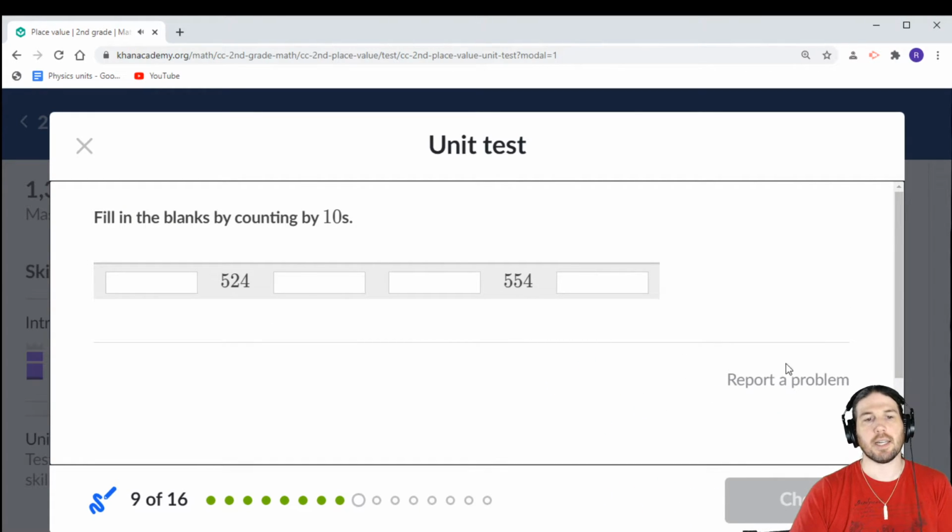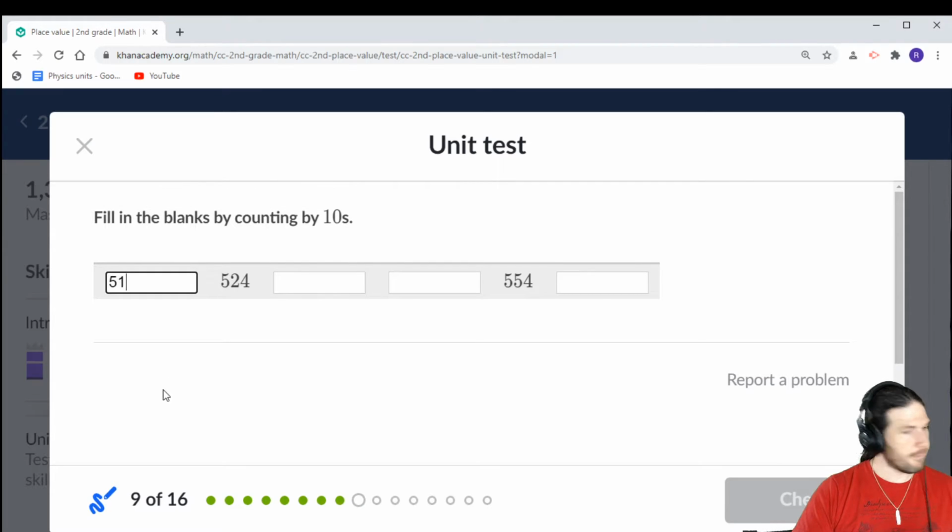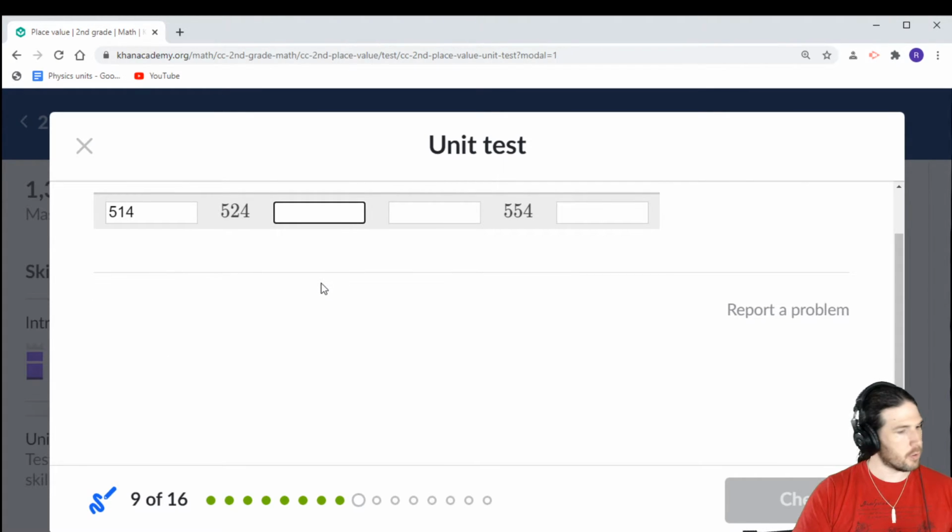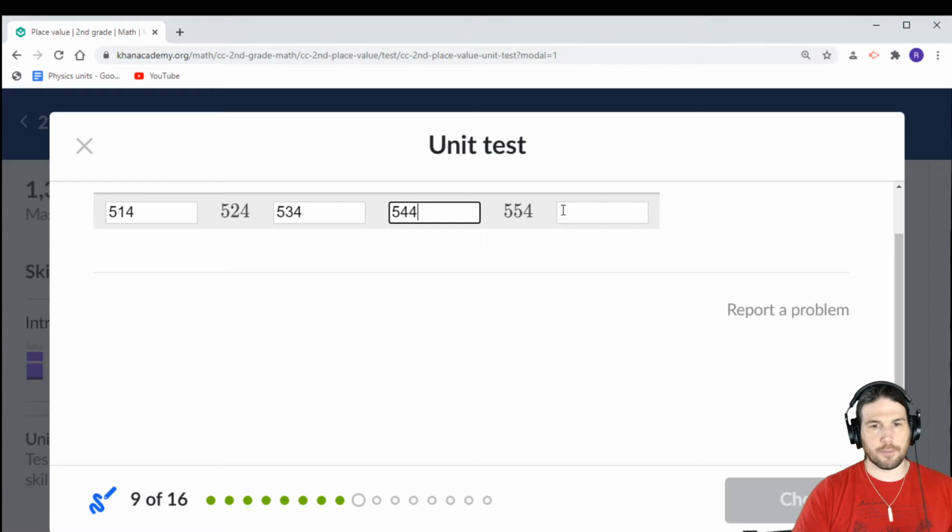Fill in the blanks by counting by tens. Well, that's 514, 524, 534, 544, 554, and 564.